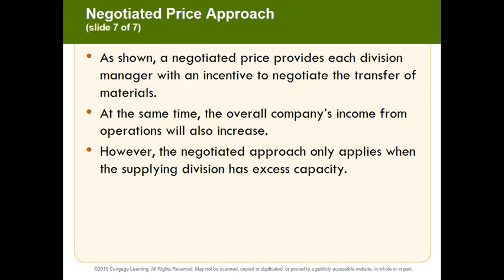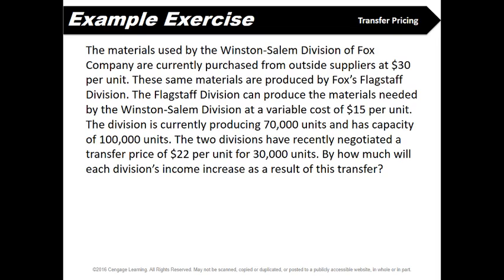Each division manager will actually have an incentive to negotiate the transfer of those materials, and the overall company's income from operations is going to increase. However, this is only if the supplying division has adequate excess capacity to feed the division that needs the materials. We will actually go right through this specific example, and feel free to come back and visit the Winston-Salem division of Fox Company.